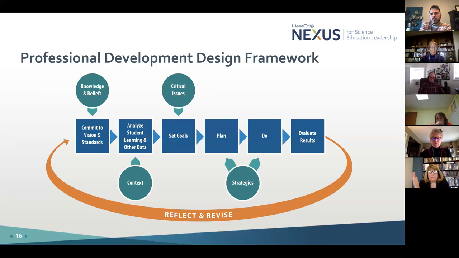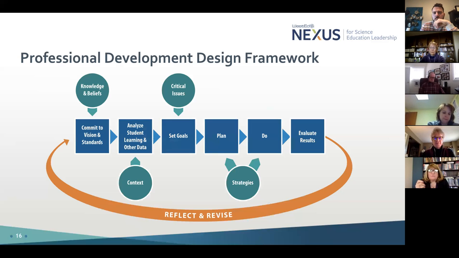So it looks linear, even though it's somewhat linear, but more iterative, that we begin with committing to vision and standards, using data to understand student learning outcomes and other data that help inform what we want to do and why.